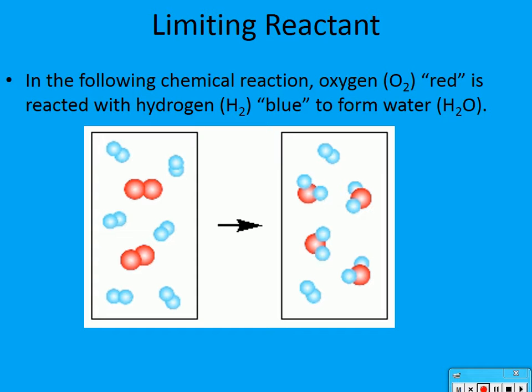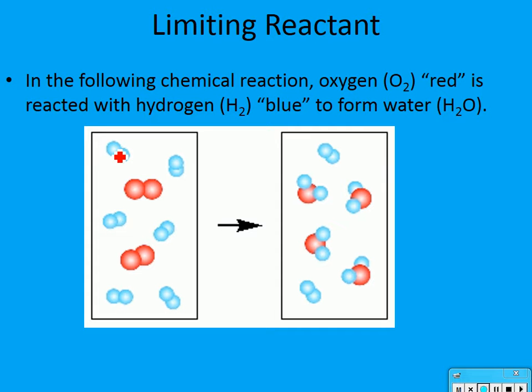Okay. In the following chemical reaction, oxygen, O2, which is red, is reacted with hydrogen, which is H2, and that's blue, to form water, H2O. So we've got our oxygen here, the O2 molecule, and our hydrogen, the H2 molecule right here. Which one is the limiting reactant, guys? Oxygen. Okay, good.